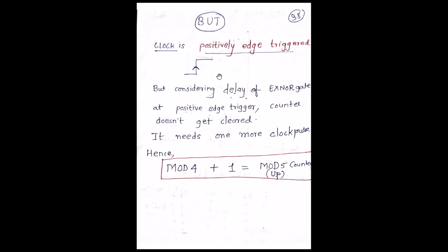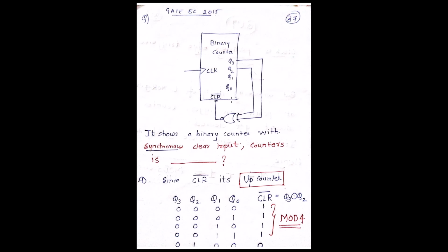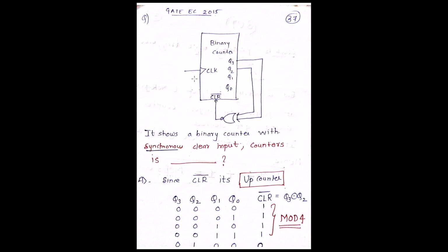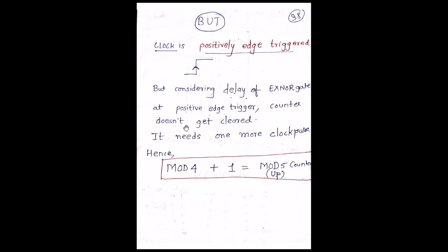The clock is positive edge triggered, so at this edge my output is never going to reach the clear bar. Therefore, it needs one more clock pulse.